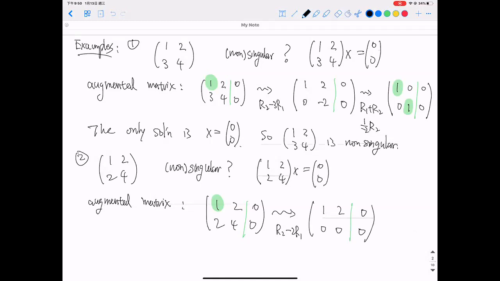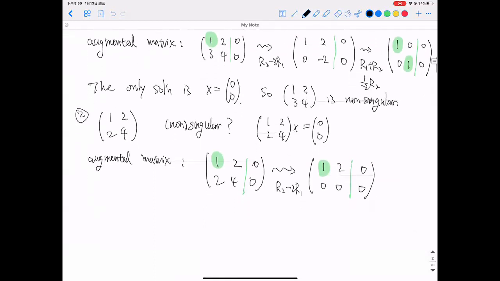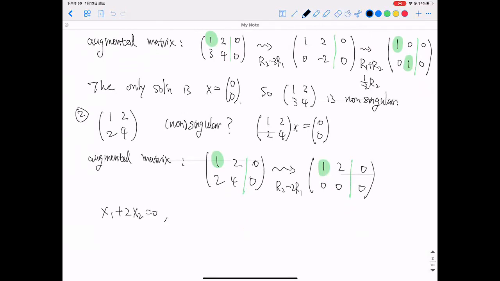And you see that now you only have one variable determined, meaning there's only one equation, x1 plus 2x2 equals to 0, which just means that x1 is negative 2x2, which means x, being x1, x2, is equal to minus 2x2, x2. So you can also write this as x2 times the vector minus 2, 1.